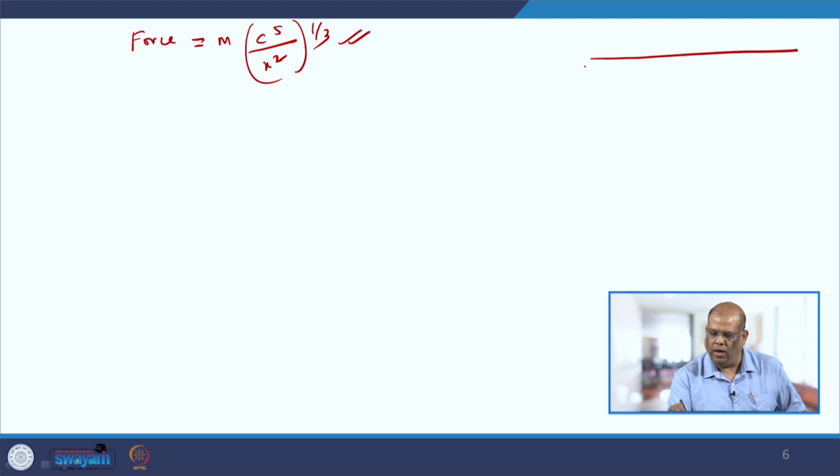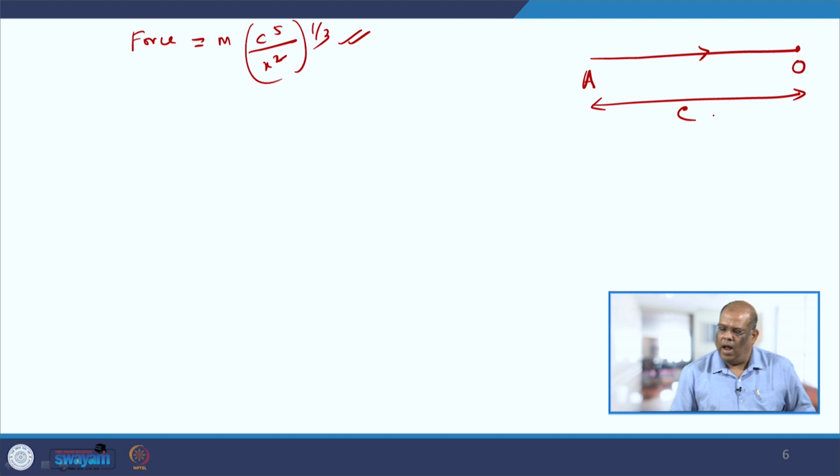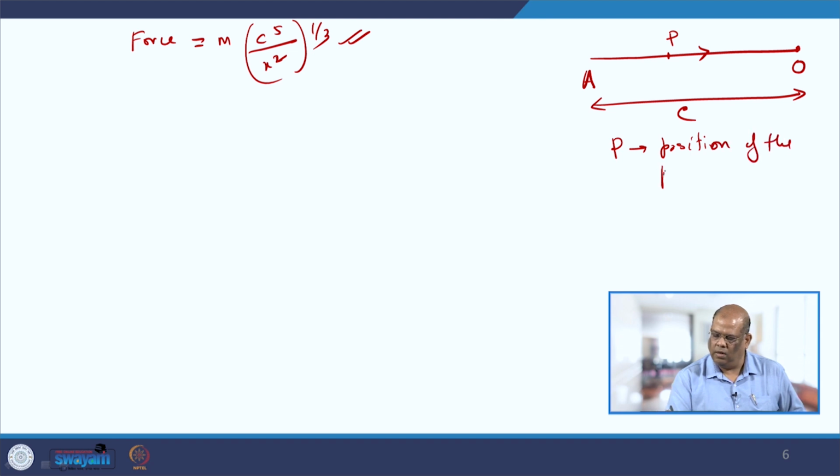A particle is moving in a straight line, moving towards the origin at a distance, say c, and let P be the position of the particle at any time t.